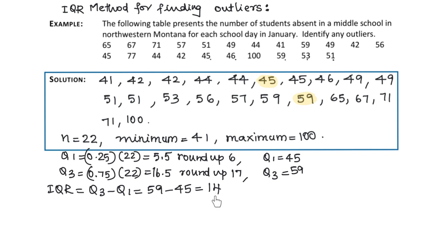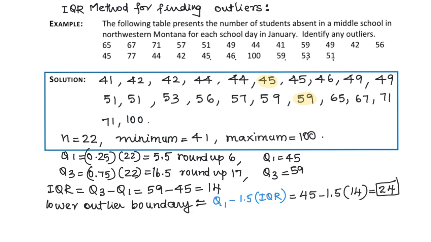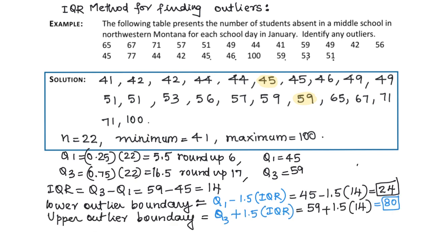Now, find the lower outlier boundary. This is the formula. So, substitute the values for Q1 and IQR. So, the lower outlier boundary is 24. Now, find the upper outlier boundary. This is the formula to find the upper outlier boundary, that is 80.